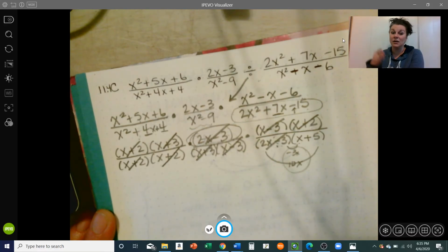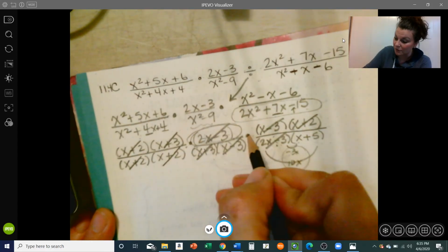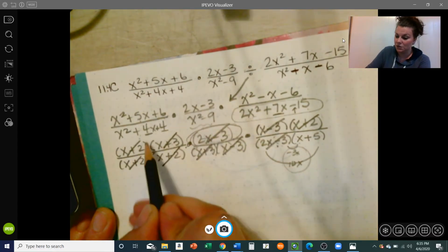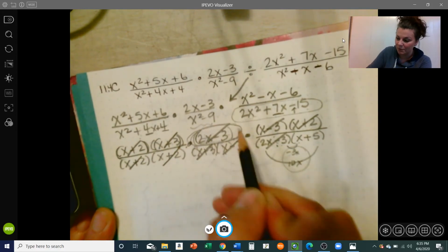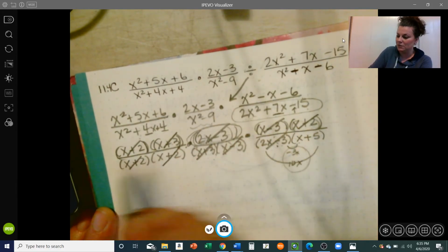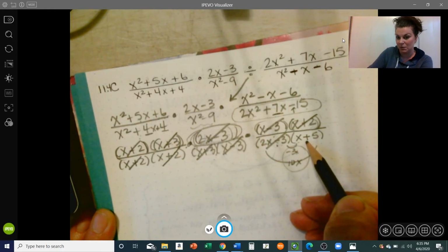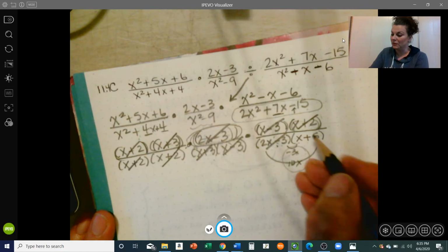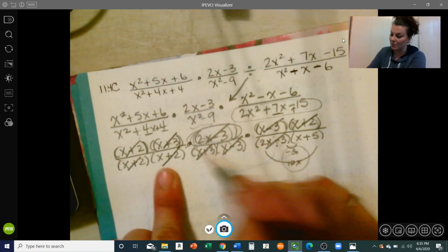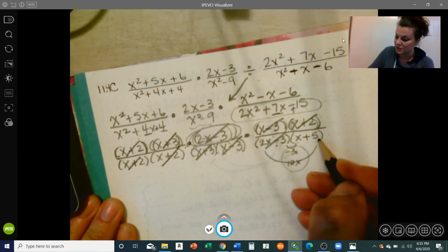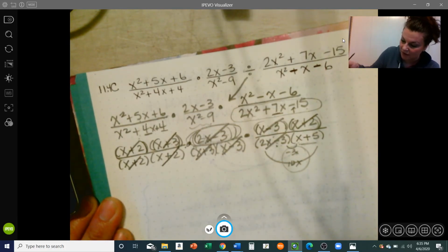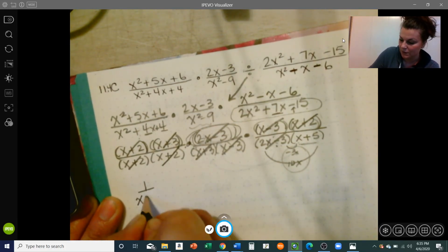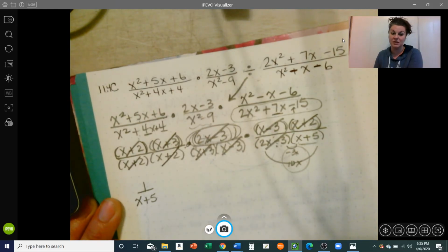And remember, I can only do this because everything is being multiplied. So each term up here is being multiplied, and each term down here is being multiplied. And that's the only reason I can do this. Okay? That's very important. But I'm left with nothing else. And so I just have this little x plus 5 in the denominator. So I have 1 over x plus 5.